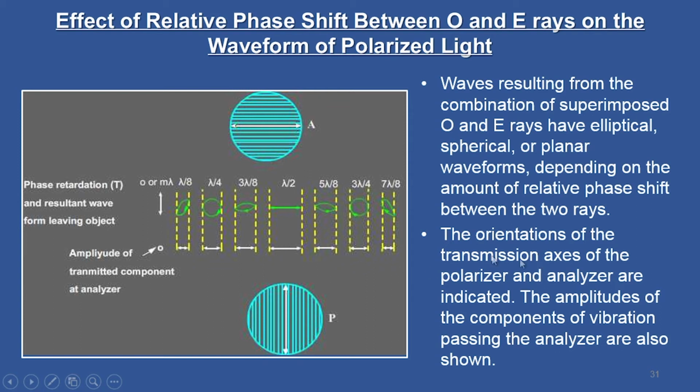The orientations of the transmission axes of the polarizer and analyzer are indicated. The amplitudes of the components of the vibration passing through the analyzer are also shown. If I rotate these two with respect to their orientation, all these amplitudes are possible.